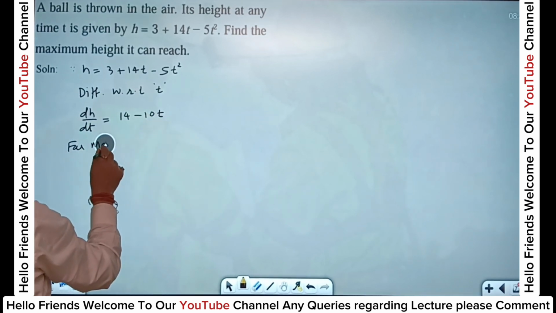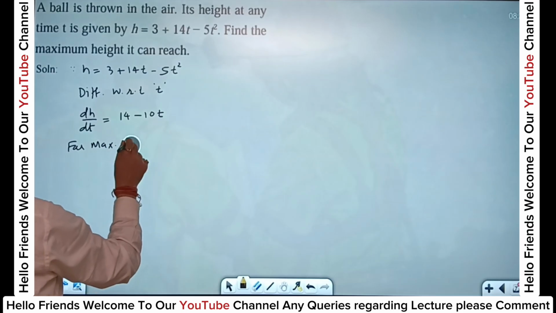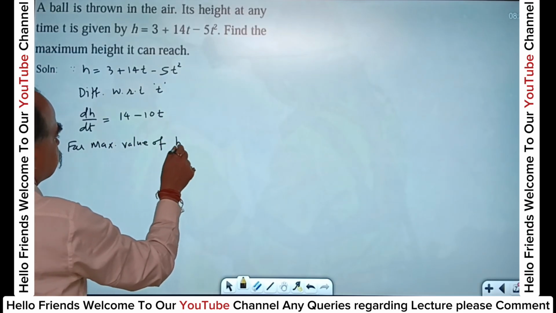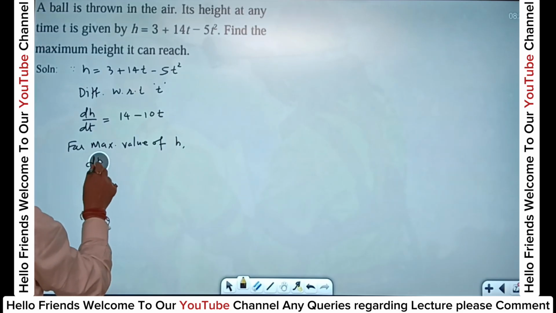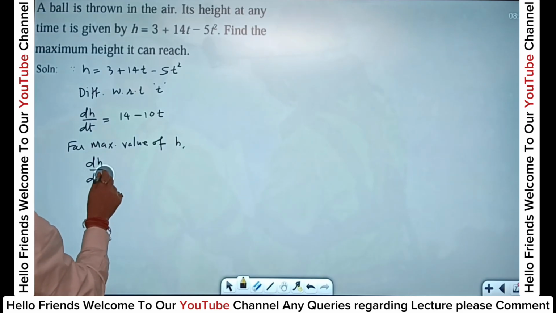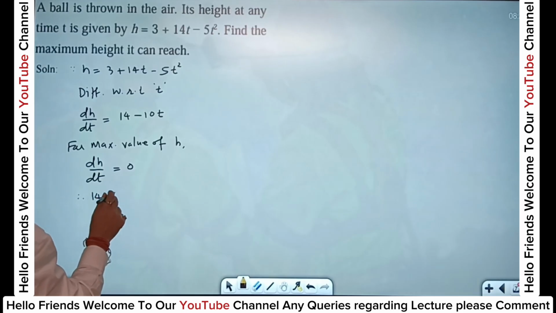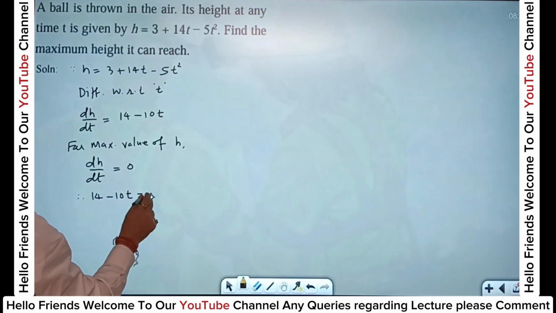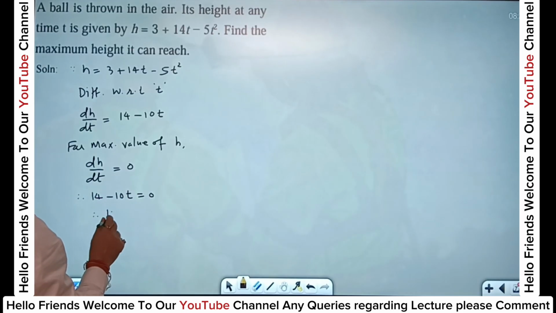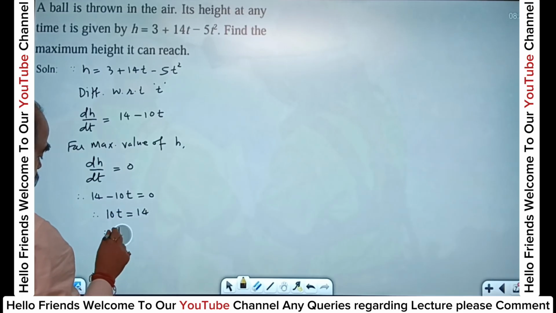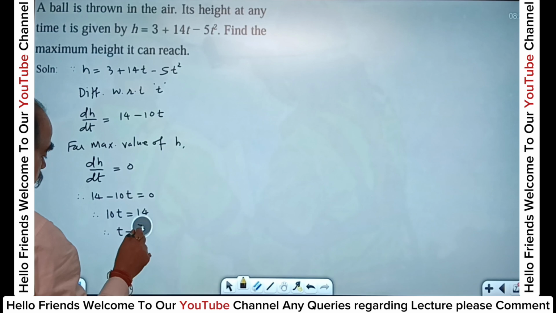For max value of h, dh by dt has to be 0. So 14 minus 10t is 0, 10t is what? So t is what? 7 by 5.